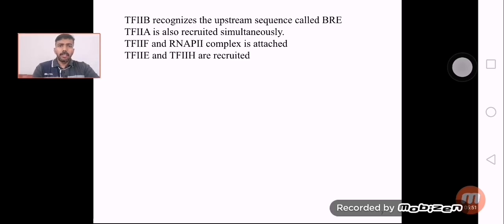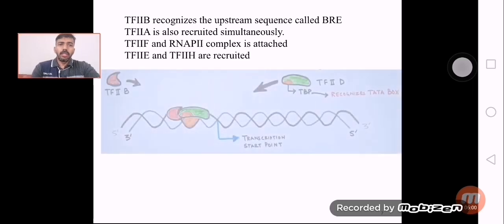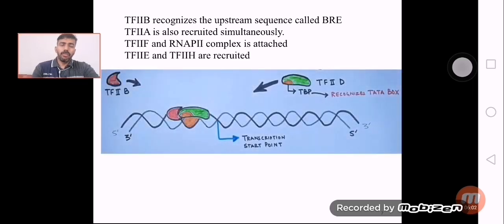Simultaneously, there is another factor called TF2F, which is also recruited to this complex. Then it will become a complex of TF2D or the TBP, TF2B and TF2A. And TF2B and TF2A help the system to create a stable interaction with the promoter sequences.